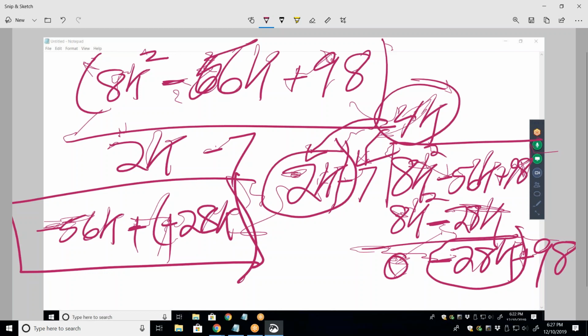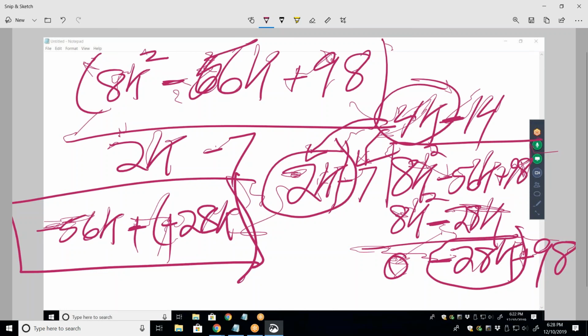Use your calculator. Negative 28 divided by 2, not the other way around. Negative 14. And the k's disappear, right? So it's just negative 14.